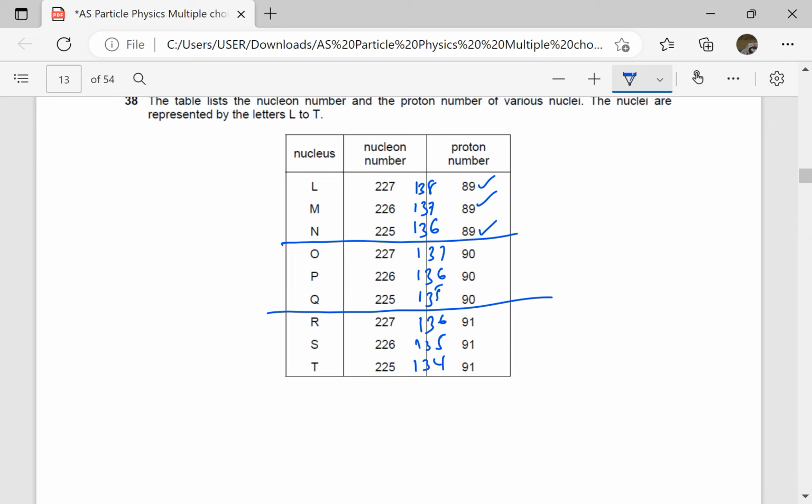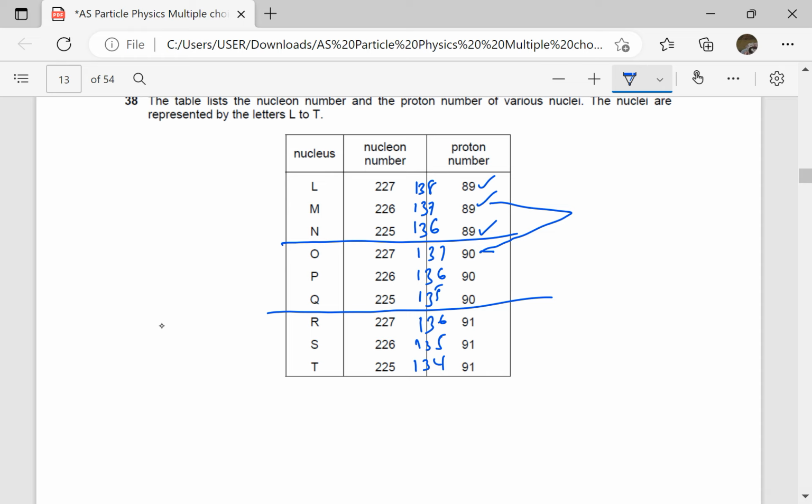Those with the same number of neutrons, we have M, Q, and M, O, those ones are 2.